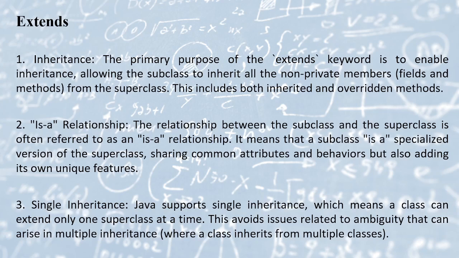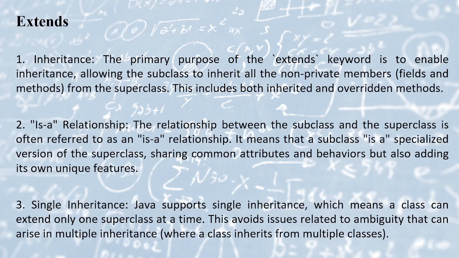That means sharing common attributes and behaviors, but also adding its own unique features. Like we discussed earlier, it can have its own features, methods, attributes, but it is inheriting the methods, variables, features from the super or the base class also. So we have an is-a relationship here.